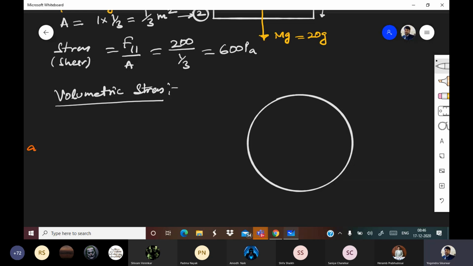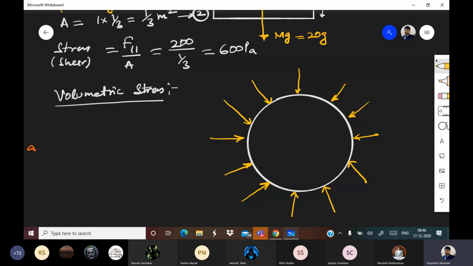If force is exerted on an object from all directions, then the stress produced due to that is called volumetric stress.